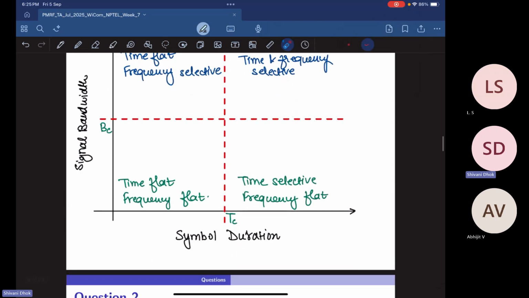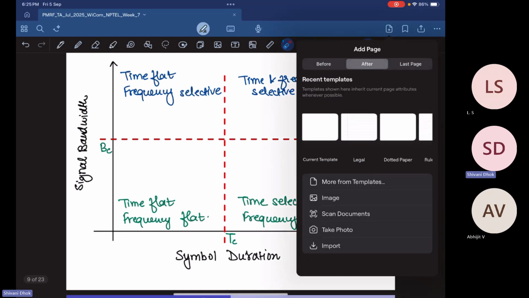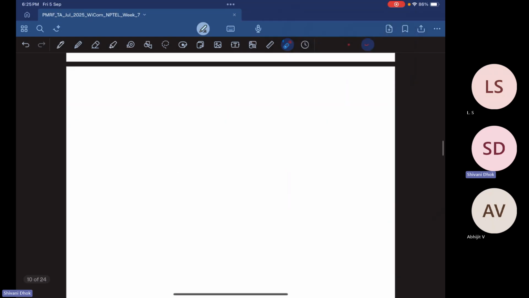So the rate that is given to us is 5 Mbps.